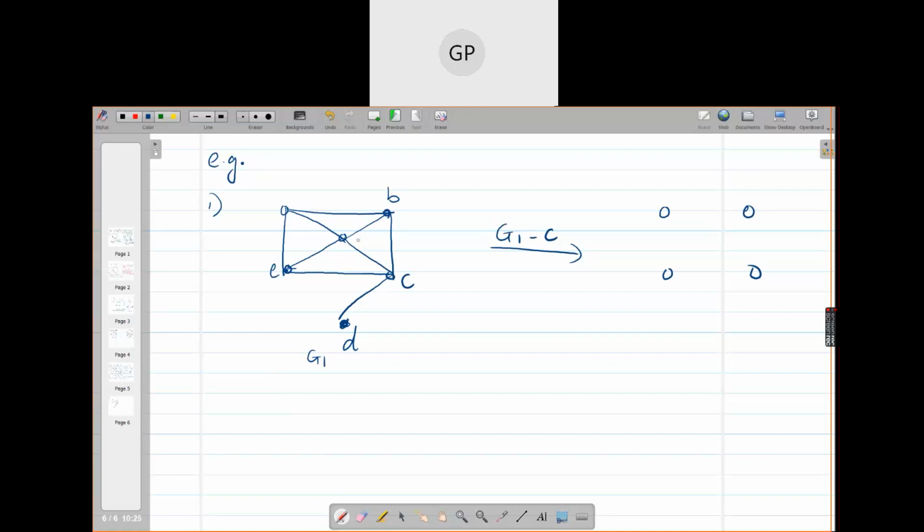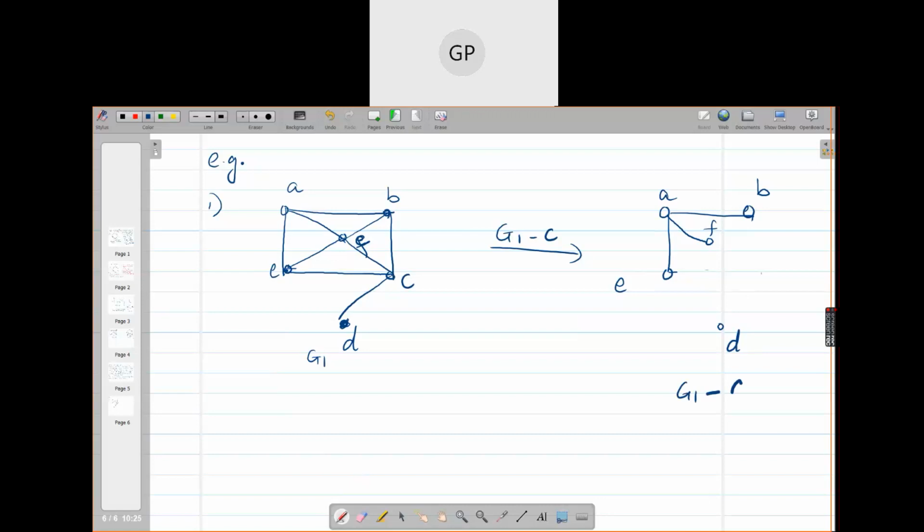The vertex F, its name is F. Now I have to delete the vertex C. So what happens when I delete the vertex C? I get this graph A, B, E, and this D will remain, right?